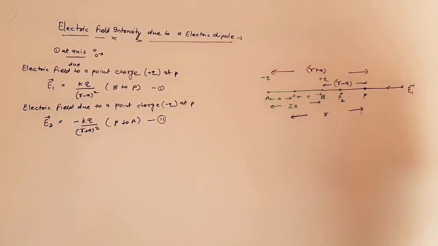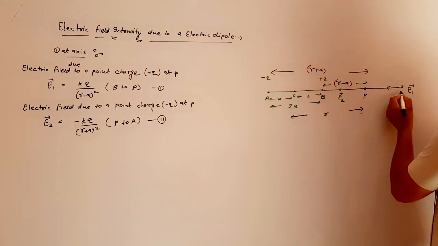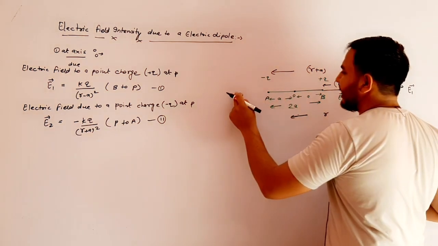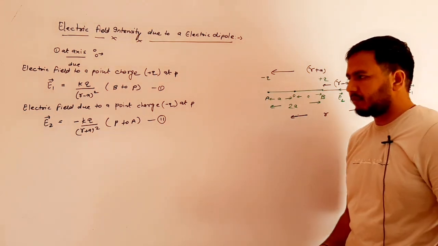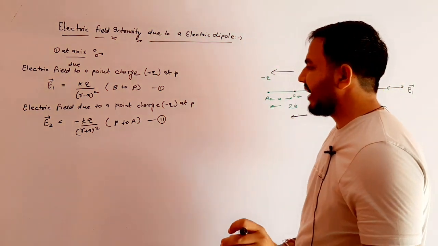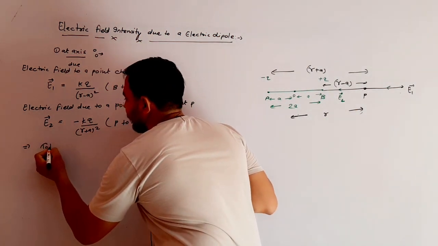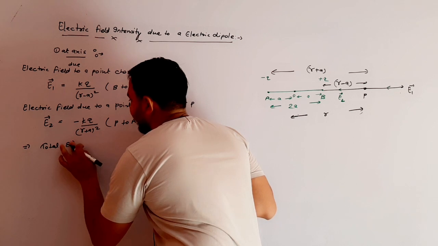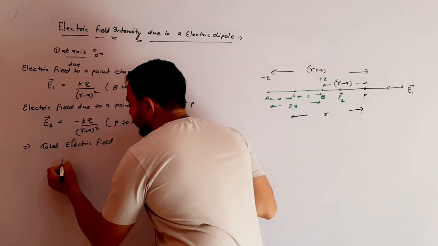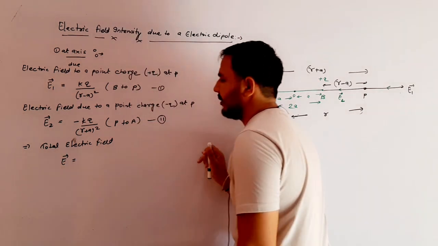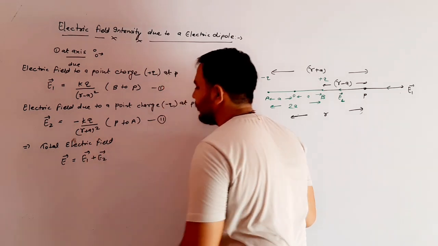Now we use only the x-axis. This is the origin. In this direction only plus x-axis, in this direction only minus x-axis. So here no angle, only 0 degree angle is made between them. So we add the total electric field: E is equal to E1 vector plus E2 vector.